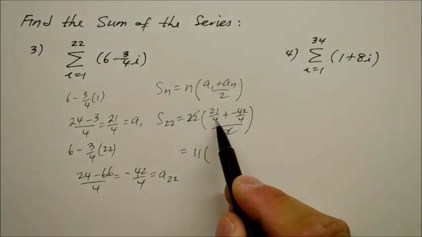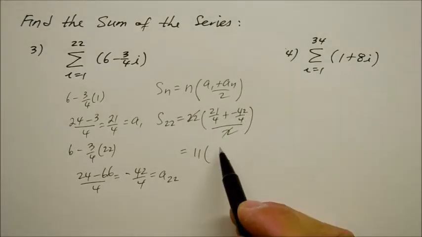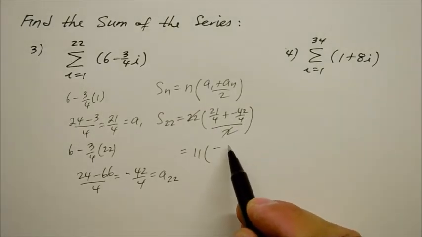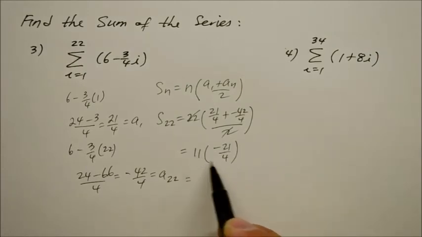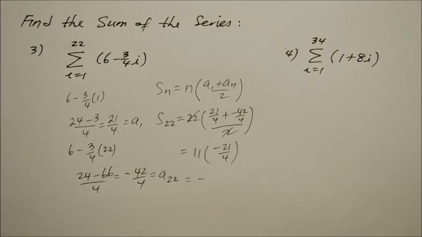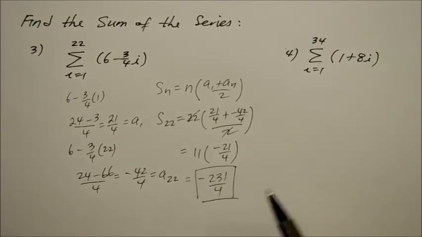And 21 over 4 plus the negative 42 over 4, that's going to become negative 21 over 4. Nothing to simplify, so you multiply across, we get negative, what is that? It's going to be negative 231 over 4. Okay, that's all there is to it. Why don't you try number 4?